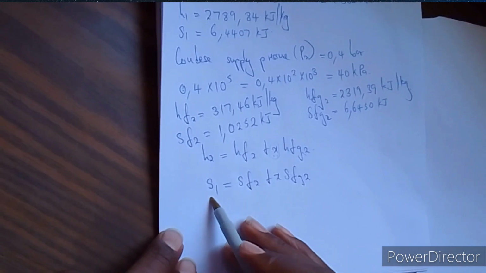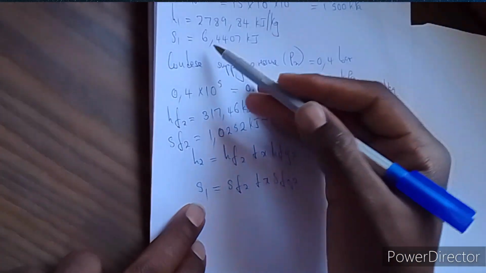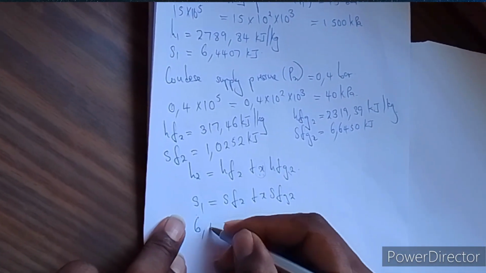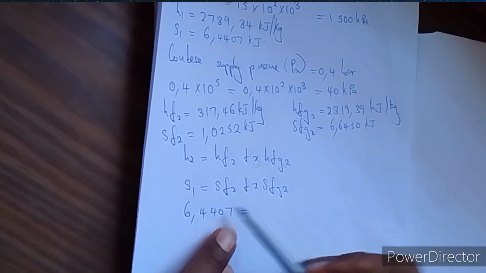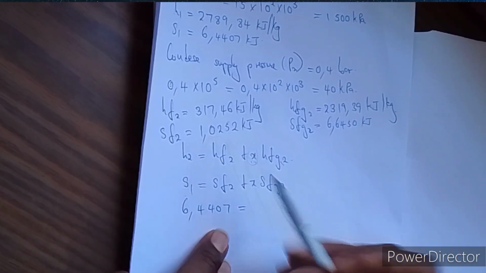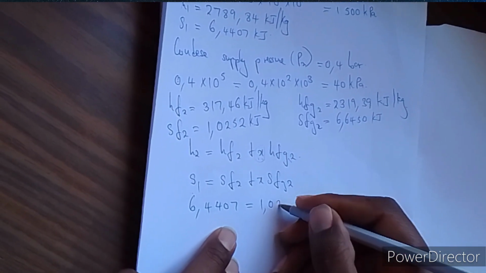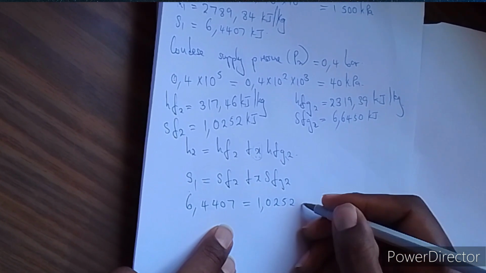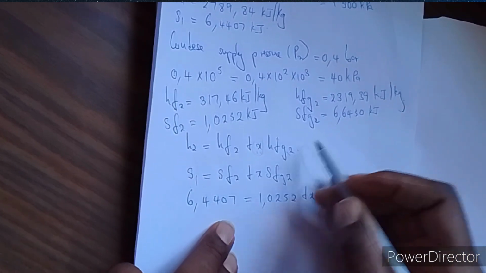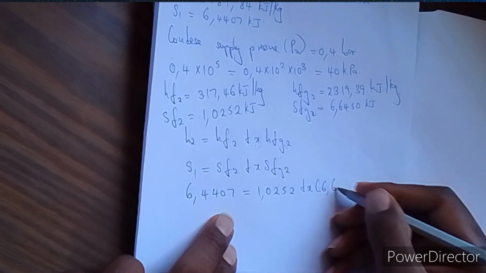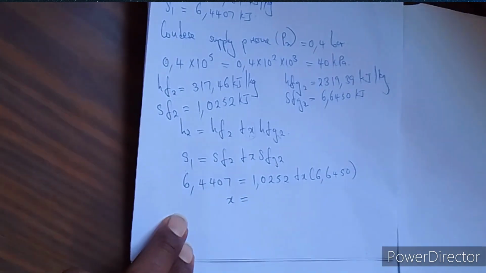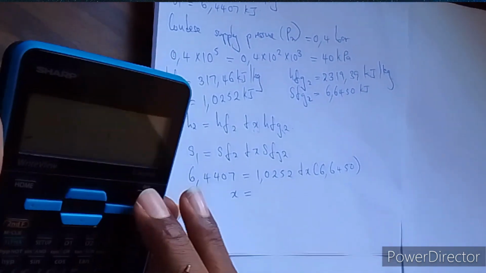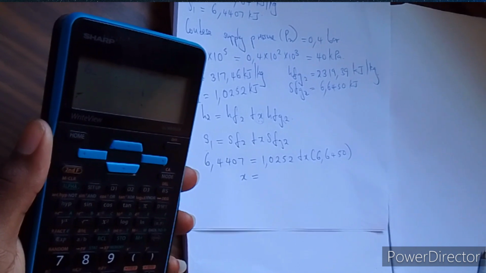So now our S1, we already have it here, 6.4407 equals SF2. Our SF2 is 1.0252 plus X, then SFG is 6.6450.